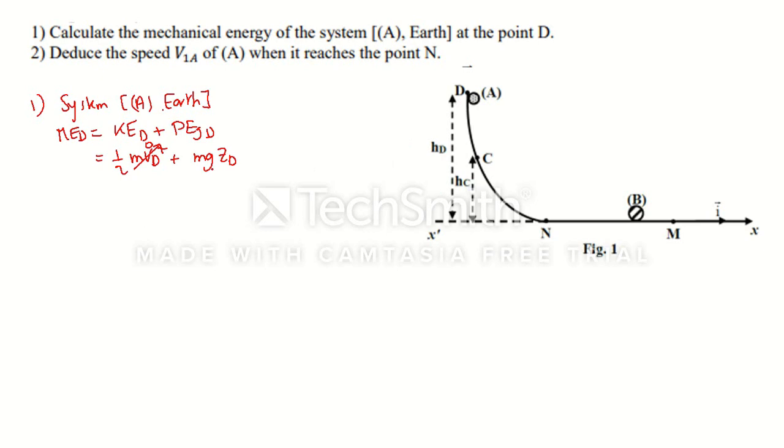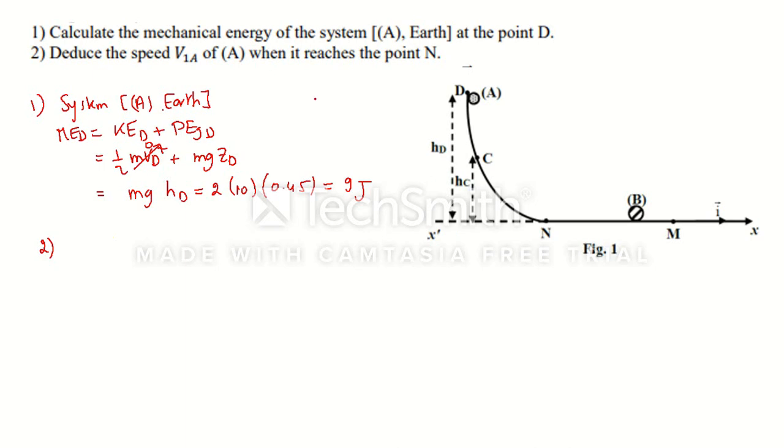It's above the reference, then it's positive, so it will be equal to m g times the height at the point D, which will be equal to 2 kilograms times 10 times the height, given 0.45, and the answer will be equal to 9 joules.